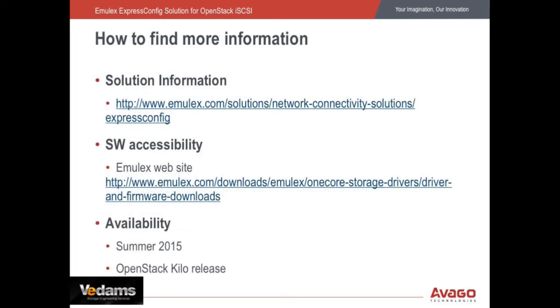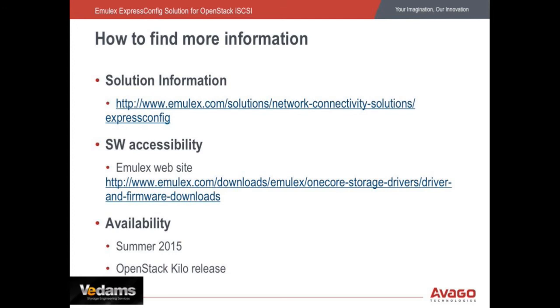And this provides a couple of links where you can find how to set up and use this particular solution. The solution information contains all kinds of performance test results, the benefits of using it, the use cases, and some configuration solutions that we tested.